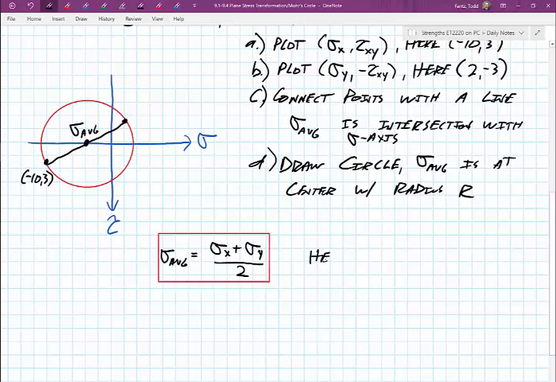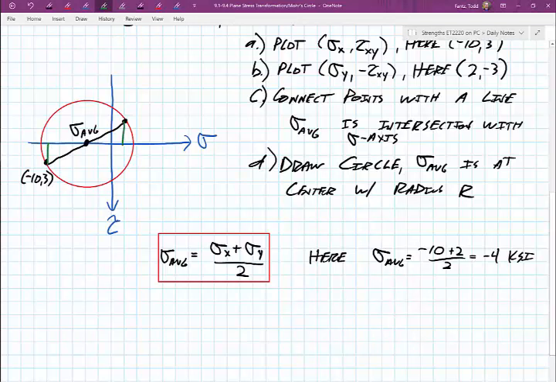So for this particular case, my average stress, which is the center of the circle, is negative 10, don't forget that negative, plus 2 over 2, which is negative 4 KSI. The second part that I could develop is looking at the radius. And I can get the radius because I could draw a triangle.